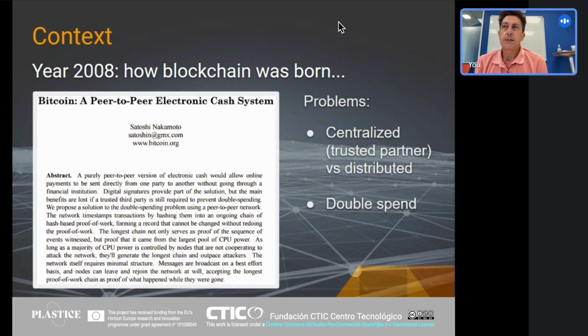So the problem is that if you have a digital currency, you can copy it in some way, and you can produce Bitcoins from nothing. That's not possible because there are some tricky features in the network, in the system, in the code, based on cryptography and other types of technologies that prevent anyone from producing their own Bitcoins and double spending them.